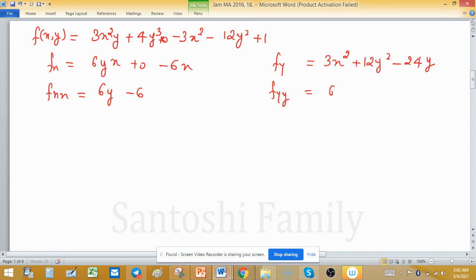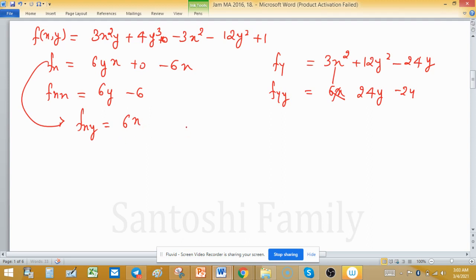Fyy will be, because the term 3x square is not containing y, so this will be 0, 24y minus 24. As this is fx, so fxy means again differentiate this with respect to y, which gives 6x only.